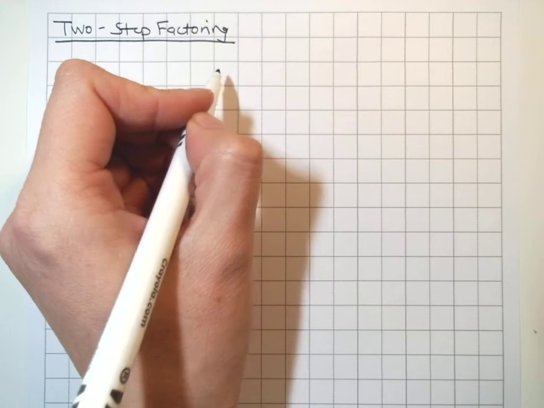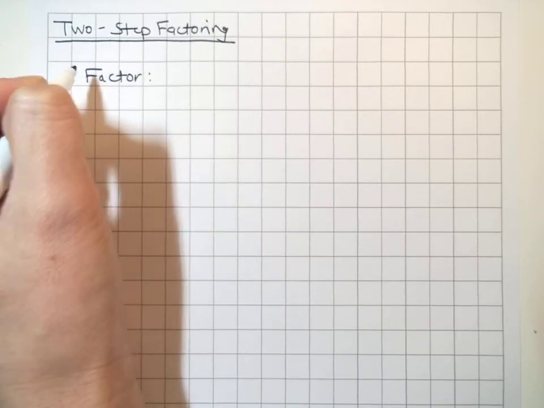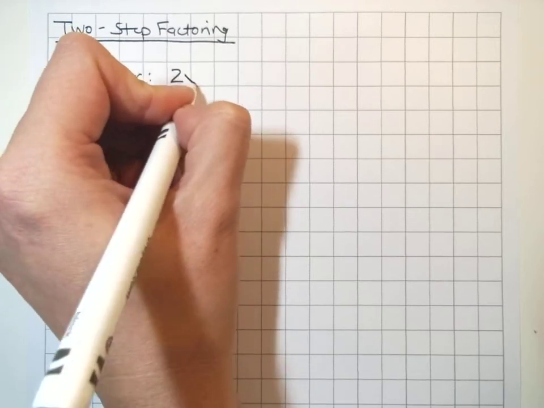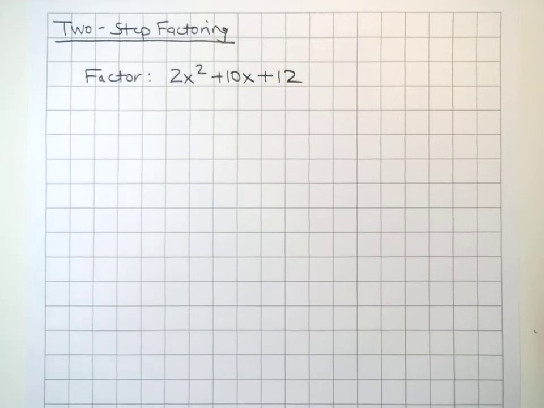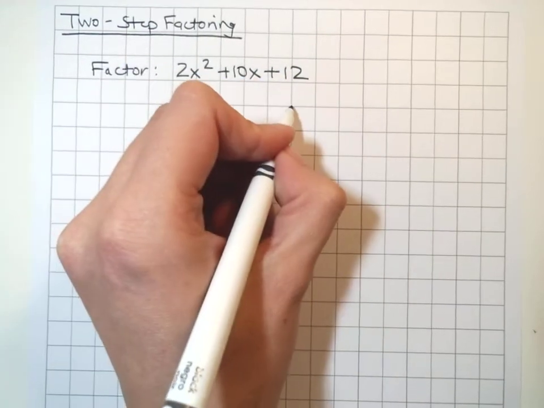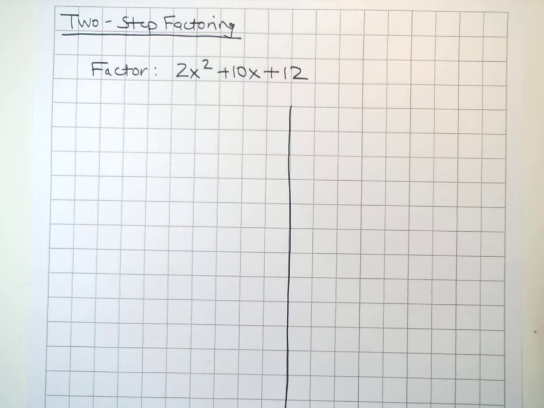So let's start with our problem, which is to factor 2x squared plus 10x plus 12. And we'll draw our line down the middle.